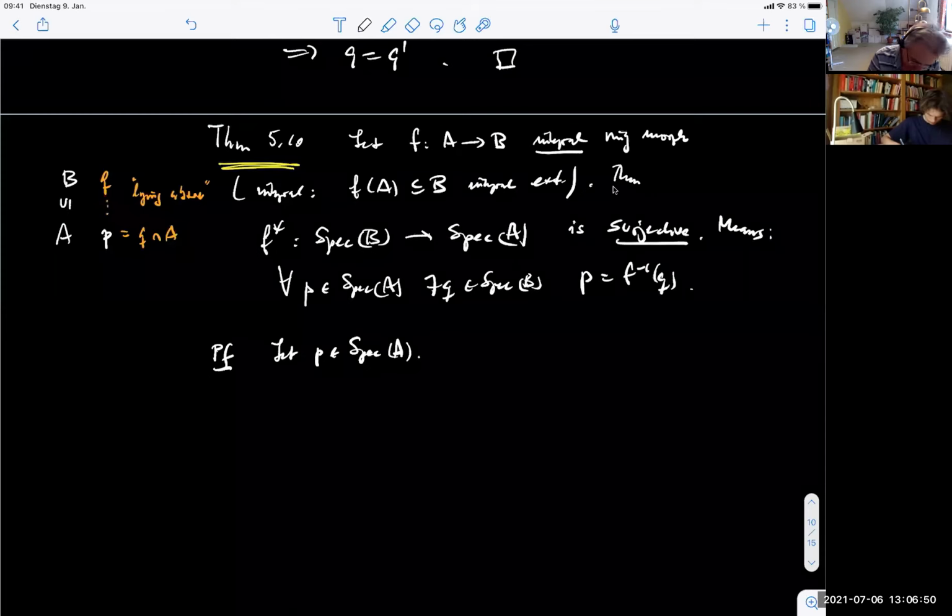It's always good to look at diagrams. A to B, this is F. Then I localize as before, using the same notation, A_P and B_P. The corresponding map I denote by F_P. It's just the localized map. Here I also have canonical maps, alpha and beta. So I have this commutative diagram.